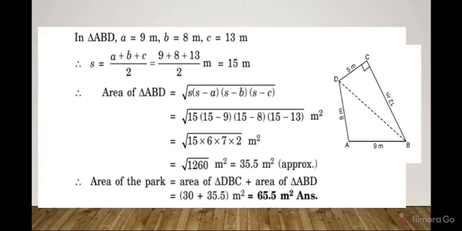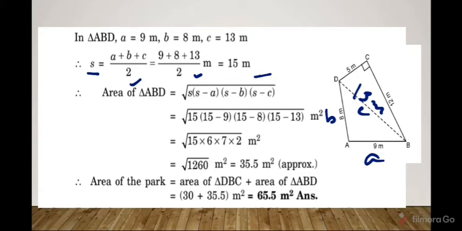To use Heron's formula, you need to find half of the perimeter. I am considering the sides as a, b and c, with 13 as one of them. So half of the perimeter s is (a plus b plus c) by 2, that is (9 plus 8 plus 13) by 2, which is equal to 15.